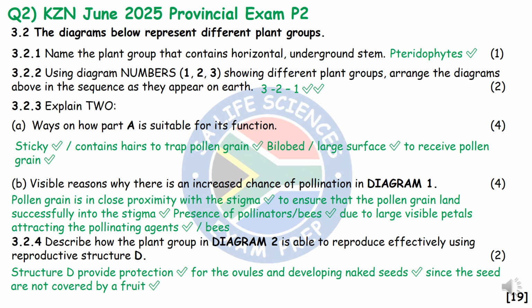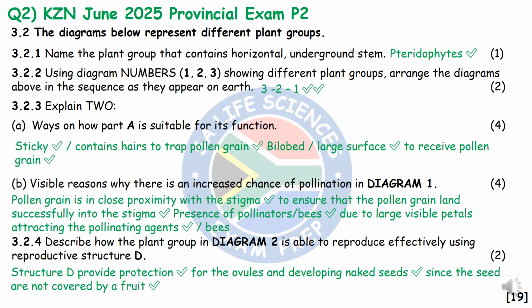So we get 1 mark for explaining the structure and a second mark for explaining why that structure allows it to perform its function. So mark number 1, the stigma is sticky. Mark number 2, this allows it to trap pollen grains. We can also say the stigma has a large surface and this allows it to receive more pollen grains.